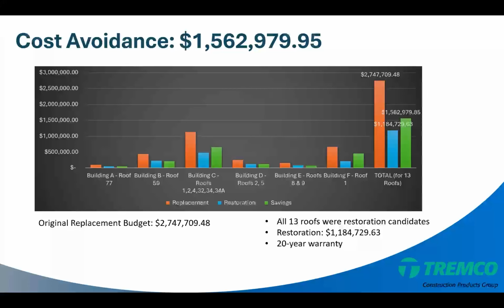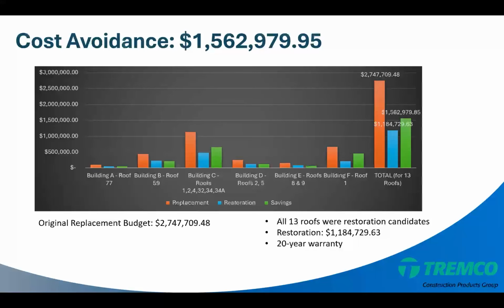And we were able, through diagnostics and testing, to determine that 13 of these roof sections could actually be restored. The original cost of replacing these would have been about 2.8 million, but the restoration was significantly less, resulting in an upfront cost avoidance of almost 1.5 million, a little over that.